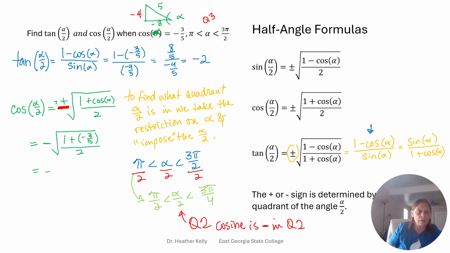So we've got negative square root of 1 minus 3/5 over 2, which equals negative the square root of 2/5 over 2. That's 2/1, so this is going to be negative the square root of 1/5 when we do the math, which is negative the square root of 5 over 5.